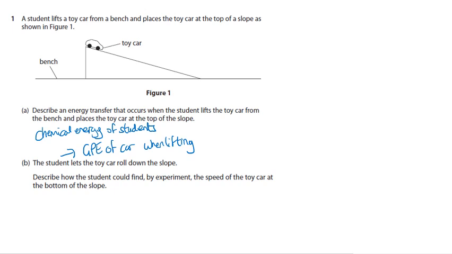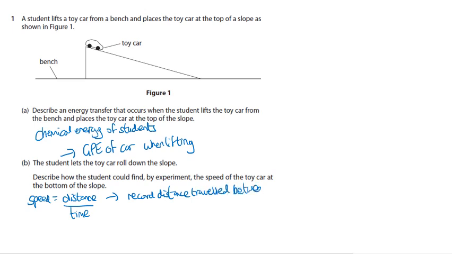The student lets the toy car roll down the slope. Describe how the student could find by experiment the speed of the toy car at the bottom of the slope. Well, first of all, if they're going to work out the speed, then they need to at some point calculate distance over time. So the question is, how could they do that? So they could record the distance travelled between 2 points at the bottom.